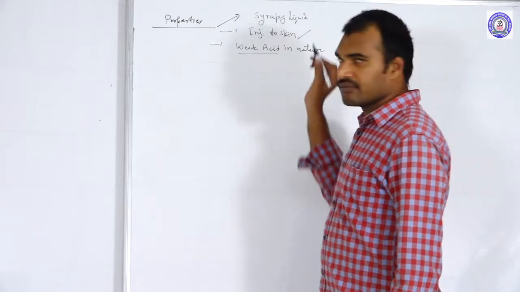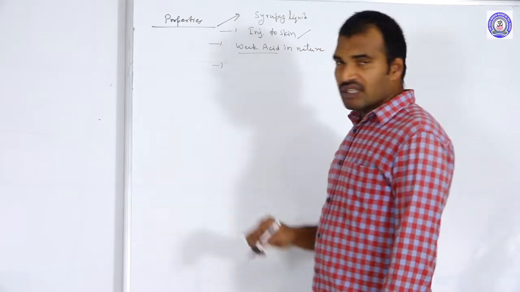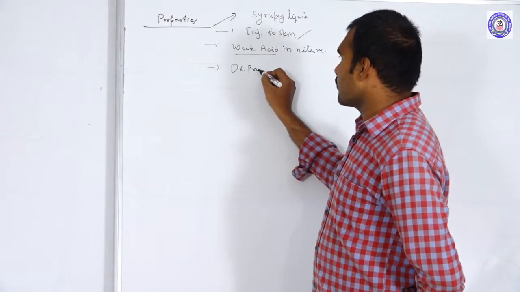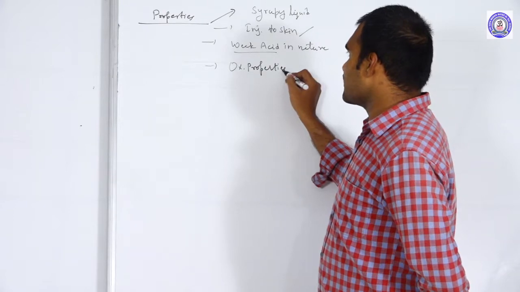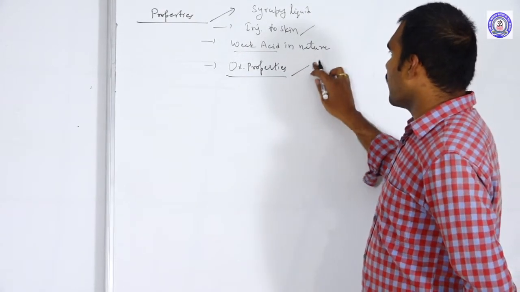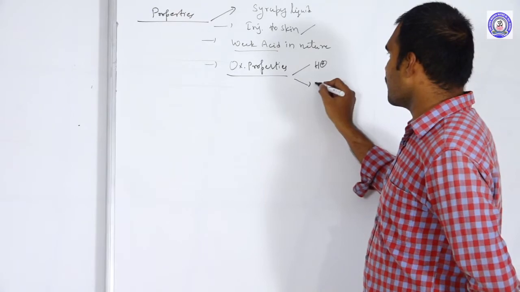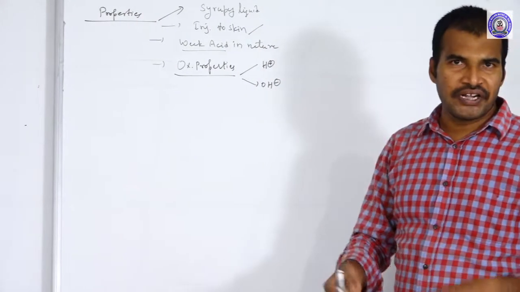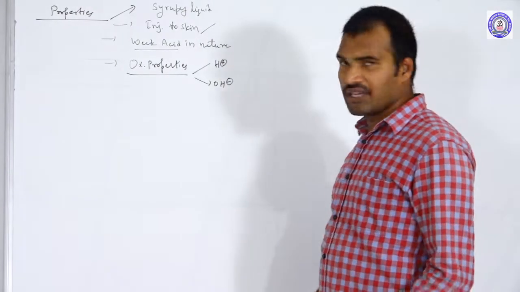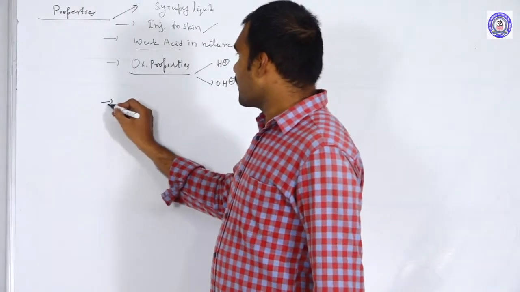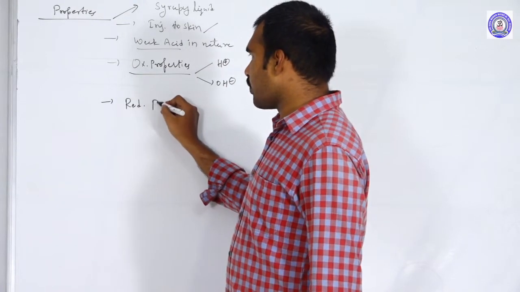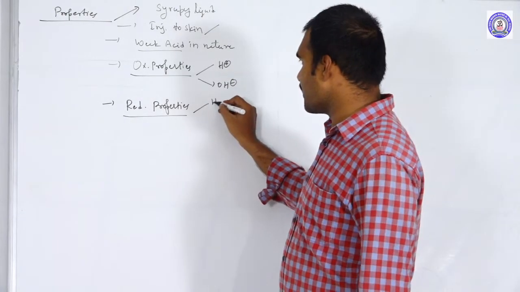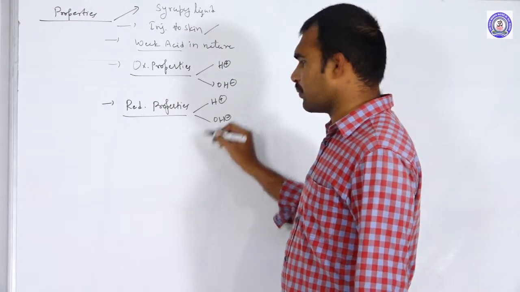Weak acidic. Next, it shows oxidizing properties in both acidic media and basic media. But when you compare, in basic media it shows more oxidizing behavior. Next, it also shows reducing properties, in both acidic and basic media.